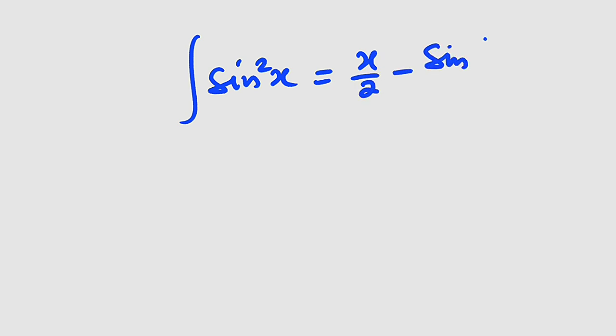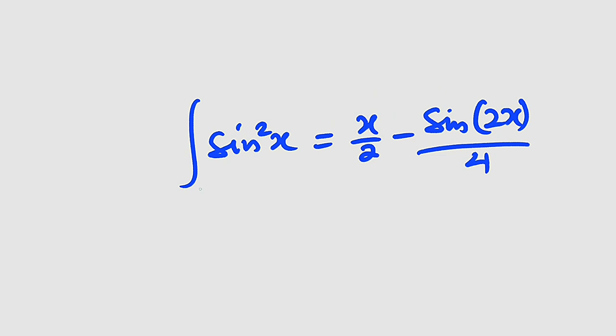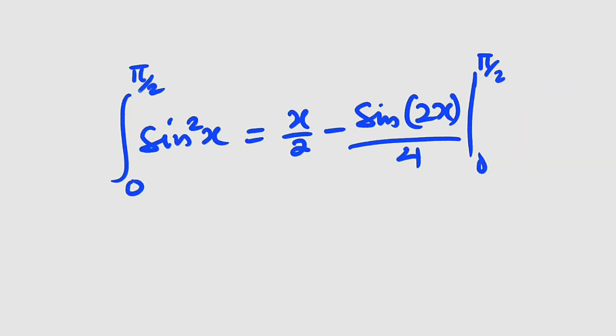Remember that if you integrate sine squared x, you're going to obtain x divided by 2 minus sine of 2x divided by 4. This is what you're going to obtain. But since our boundary is from 0 to pi over 2, you're going to substitute the boundaries as well. So let's start with the upper limit.